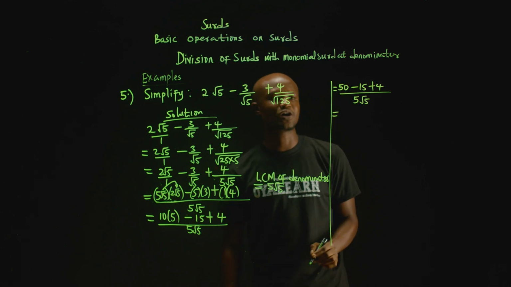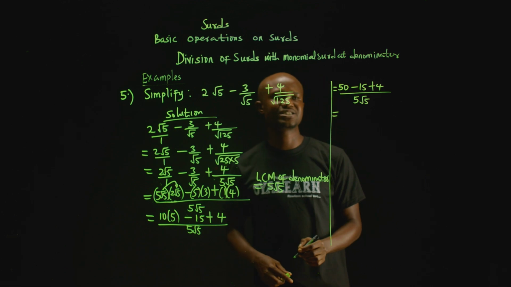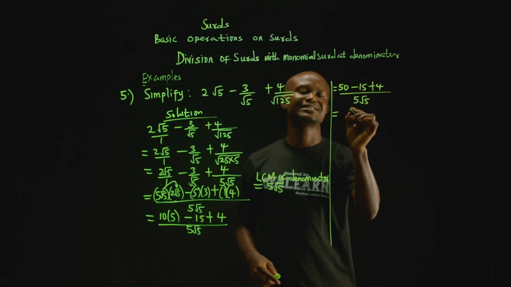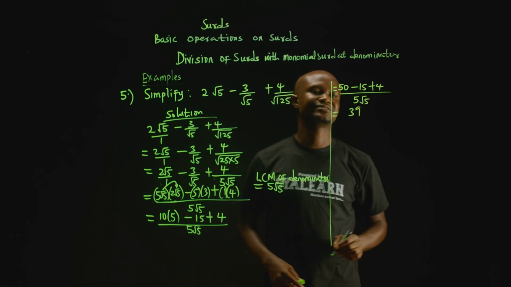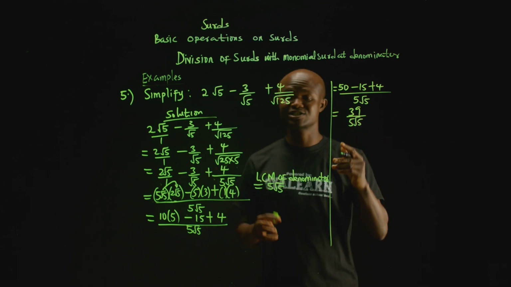And this is equal to what? 50 minus 15 will give us 35. Then 35 plus 4 will give us 39. That's 39 divided by 5 root 5. This is not the final answer.